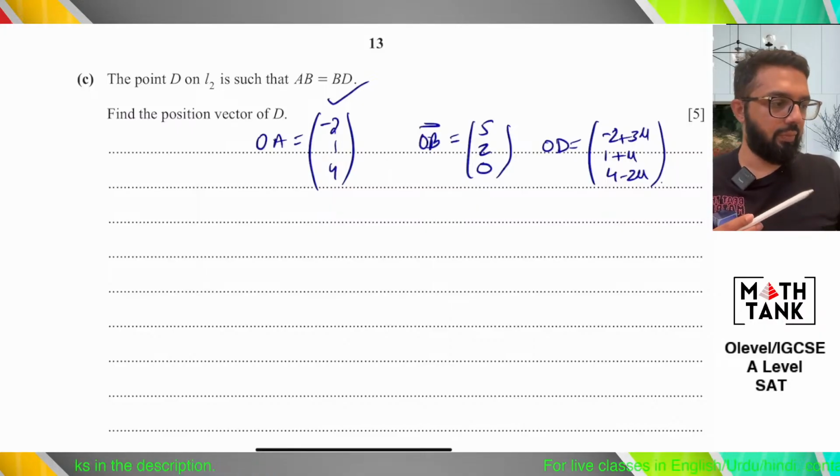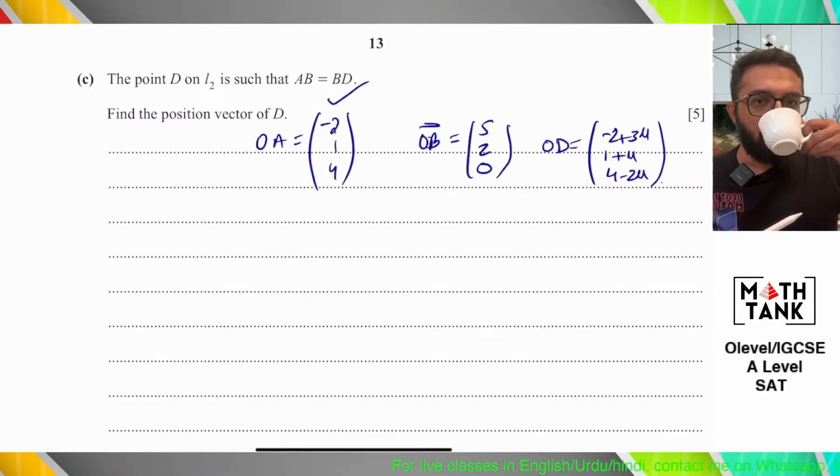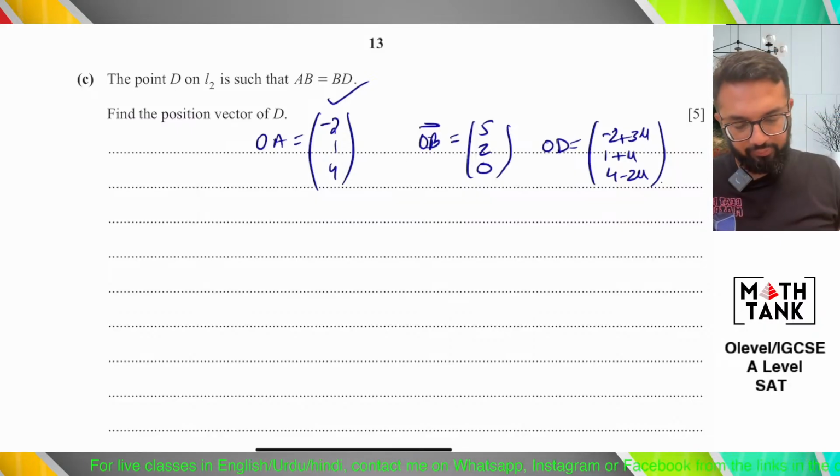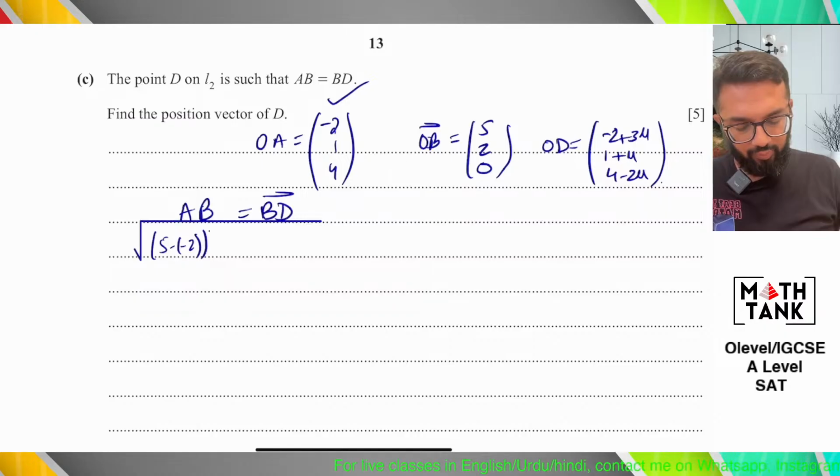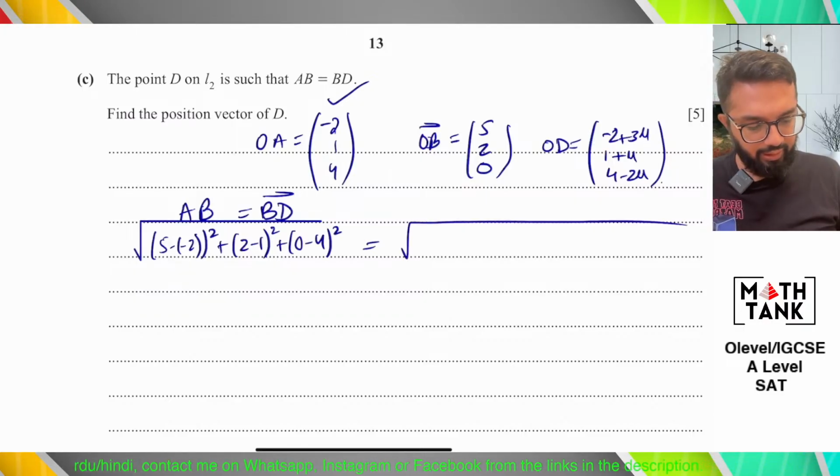So the distance AB. And the distance BD.